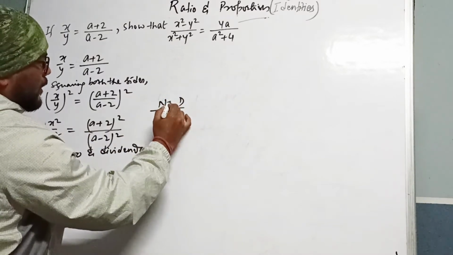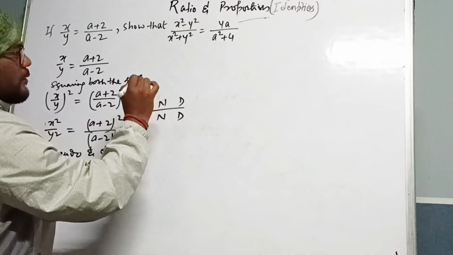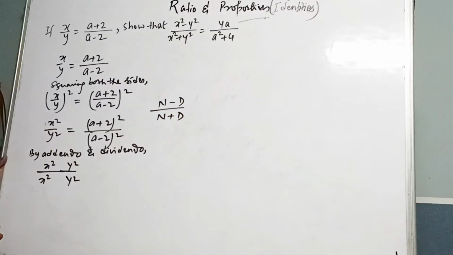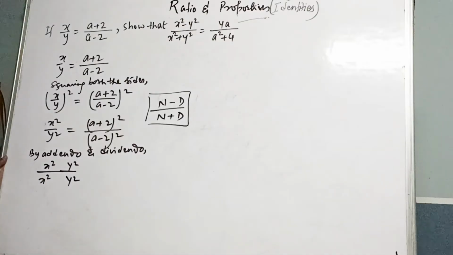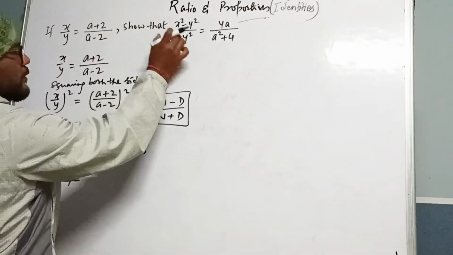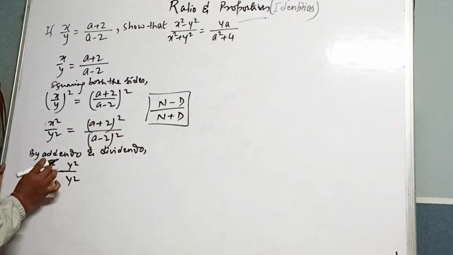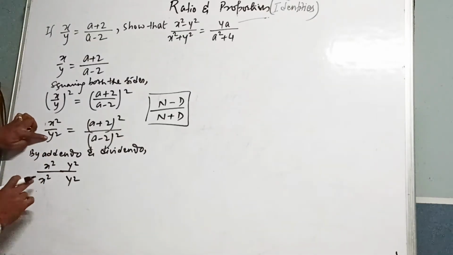You can have your plus and your minus, but it depends upon the question. So I am writing here minus and plus. This is the special property: componendo, dividendo, subtrahendo, invertendo. There are many types of properties. As the question has given minus here and plus here, I am just writing the numerator and the denominator: numerator of this is x square and denominator is y square.